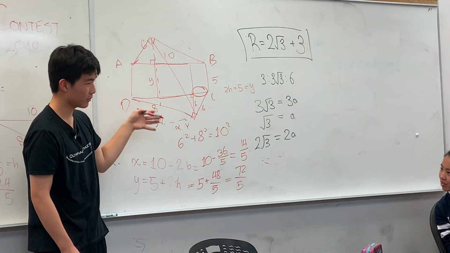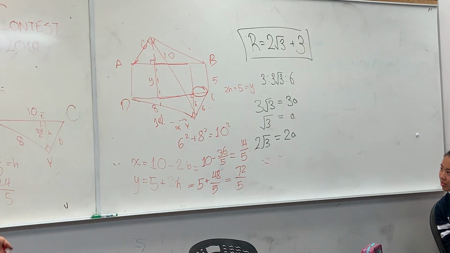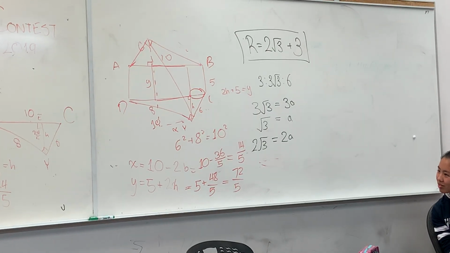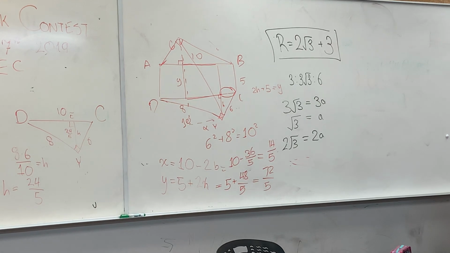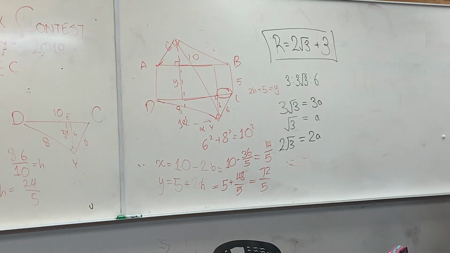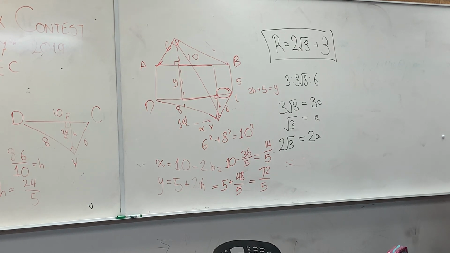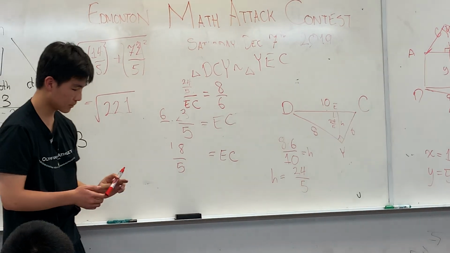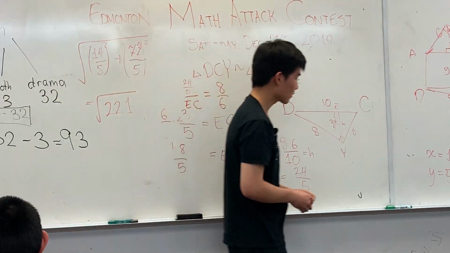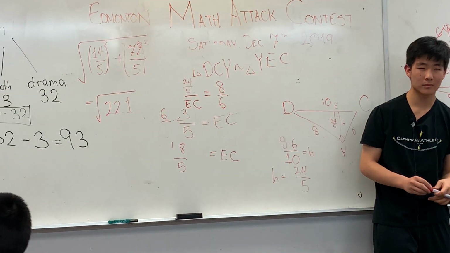We know it's a right triangle, so then we just use Pythagoras. And I'm not going to bash it out. Honestly, this problem is a bit annoying because the numbers are pretty big, but I'm pretty sure what you get is something that looks like this. And this gives you square root 221. Anyone have any questions?